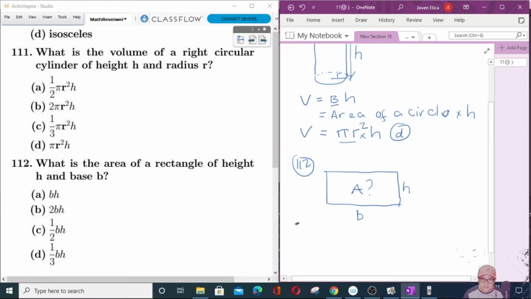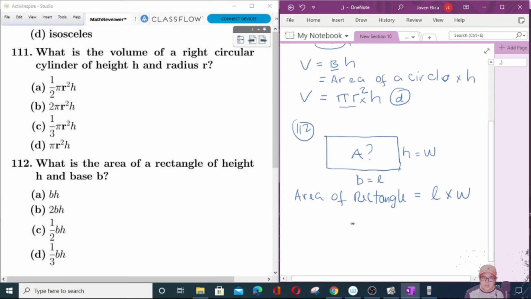And we all know that the area of a rectangle is length multiplied by the width. But since the length given in the problem is the base, this is the length, and the height is actually the width. So therefore, just substitute the given variables.